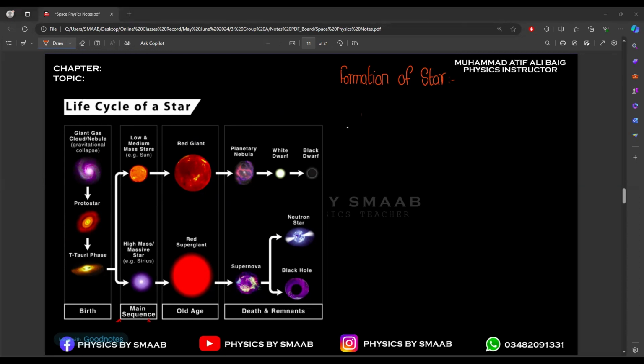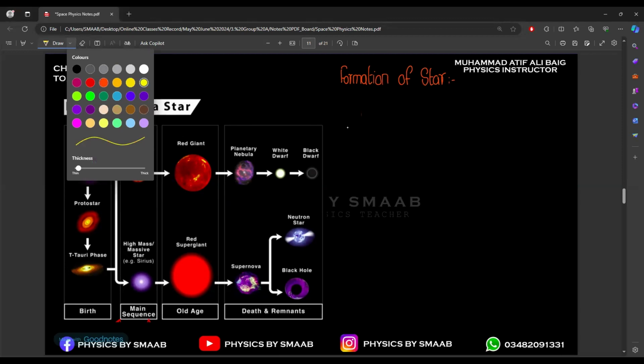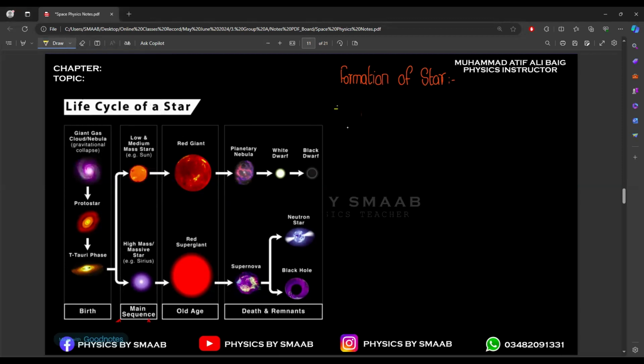So the formation of a star takes place like this. The first step, just like you can see mentioned over here, is a giant gas cloud.